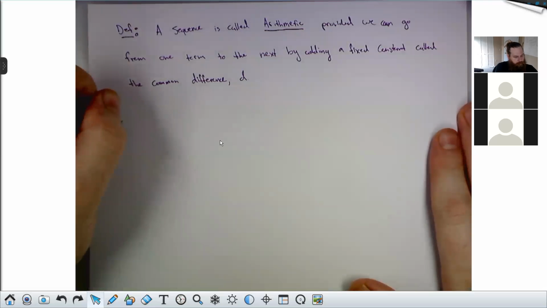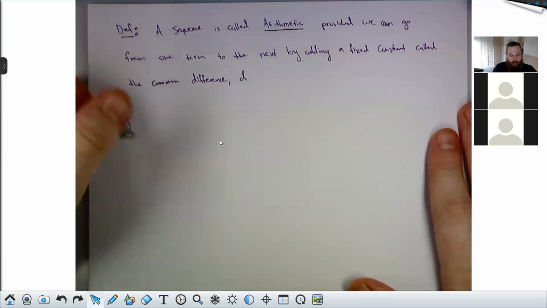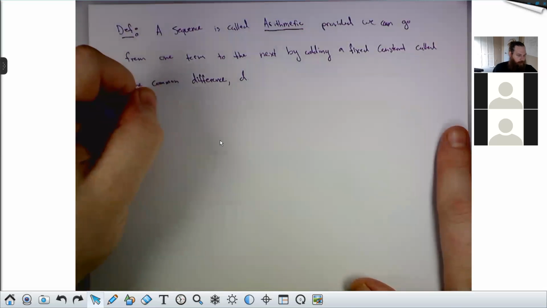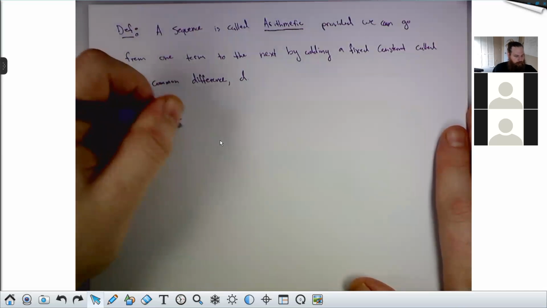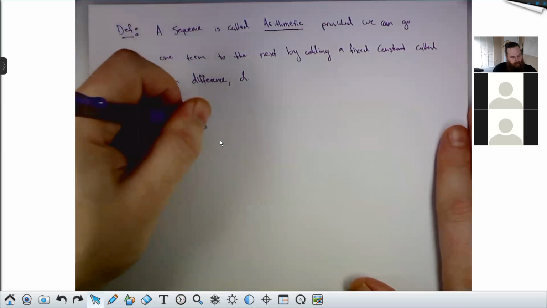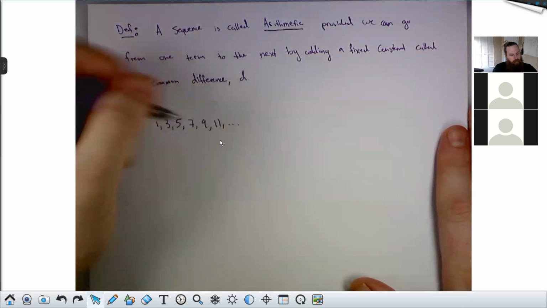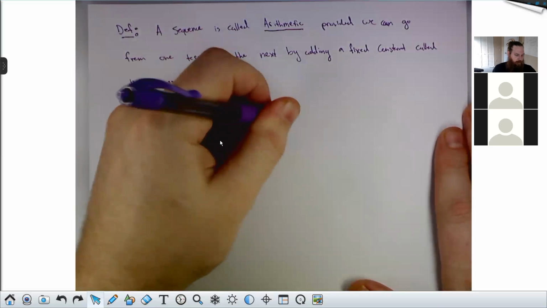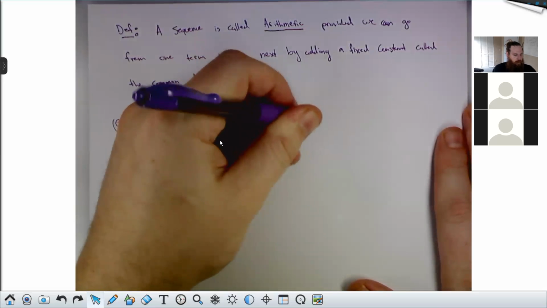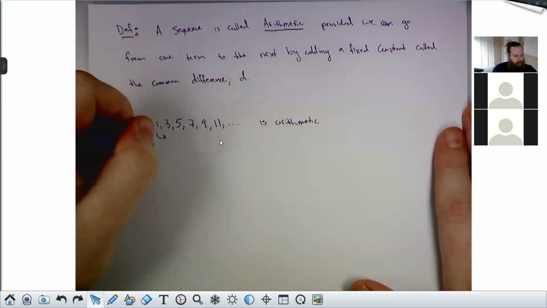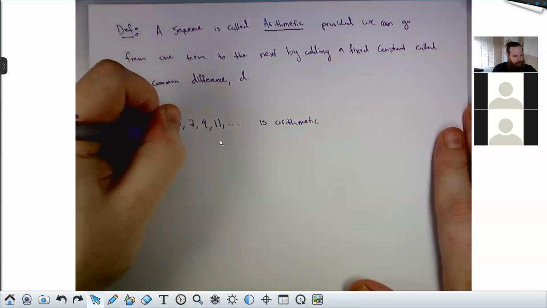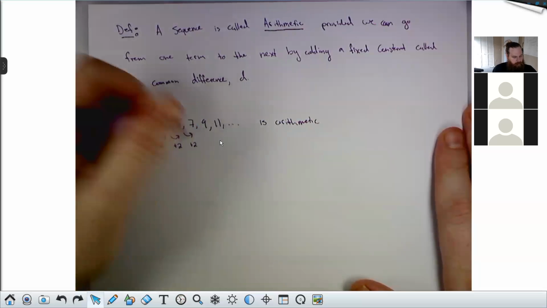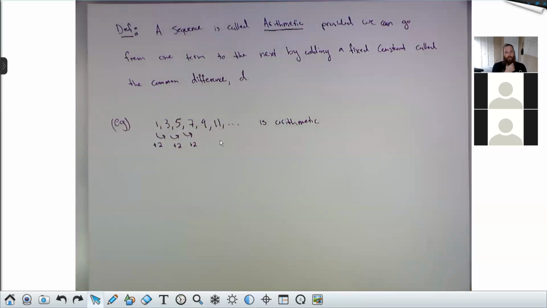An example of one of these is the sequence we looked at earlier, the sequence 1, 3, 5, 7, 9, 11, and so on. This is arithmetic, because to go from 1 to 3, we added 2. To go from 3 to 5, we added 2. To go from 5 to 7, we added 2. And so on. To go from any term to the next term, we add 2.